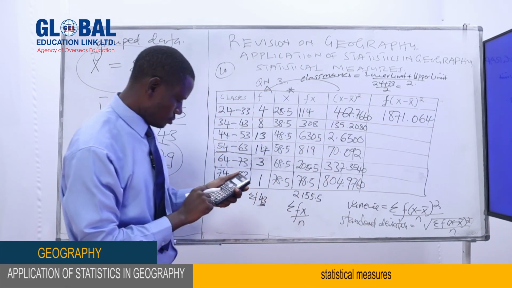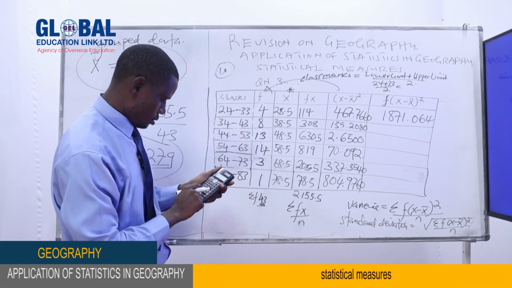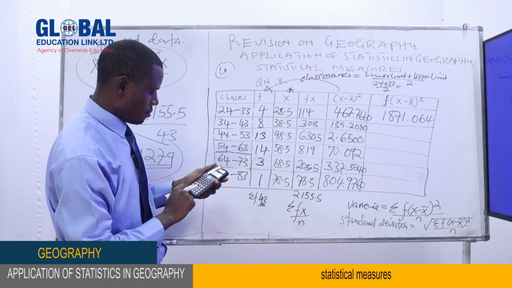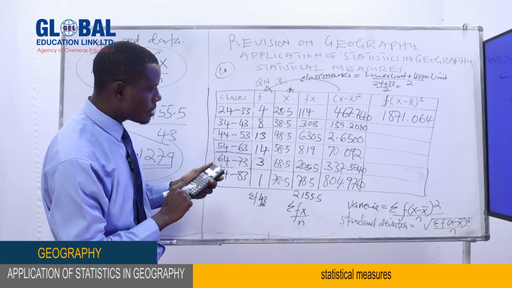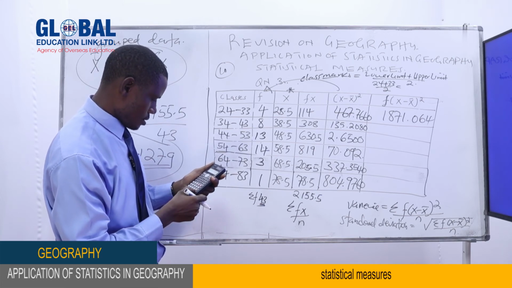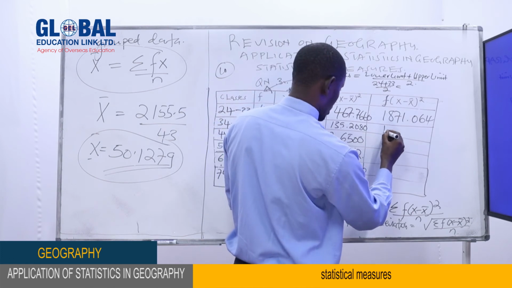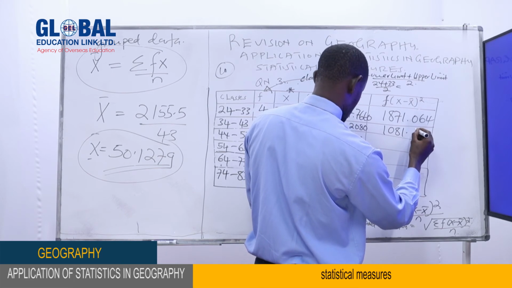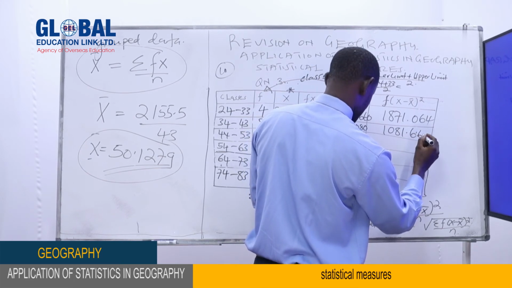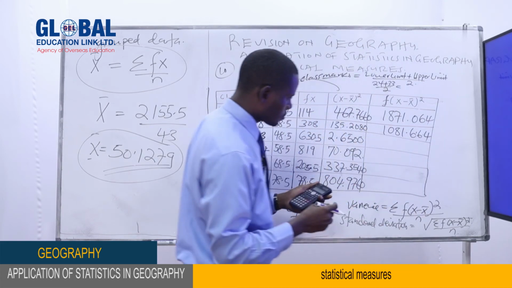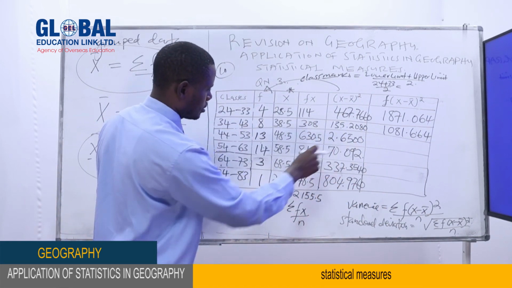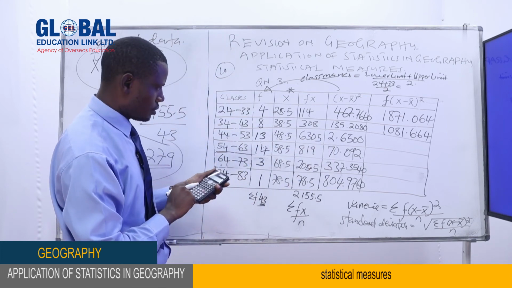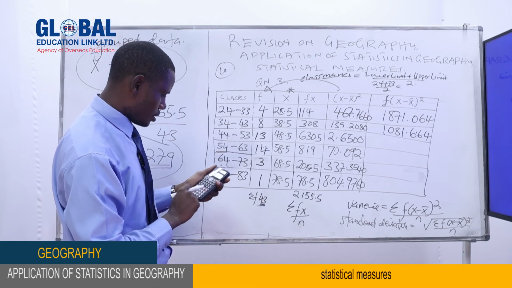That one will be 8 times that one, 135.208. Then we come up with 1,081.664. Then we go for the next one. That is 13 times 2.6500.